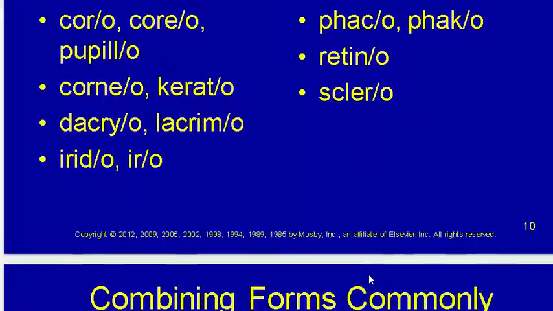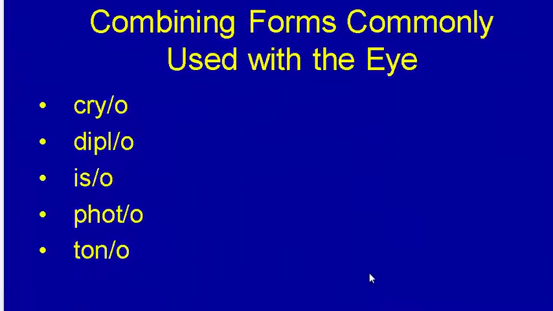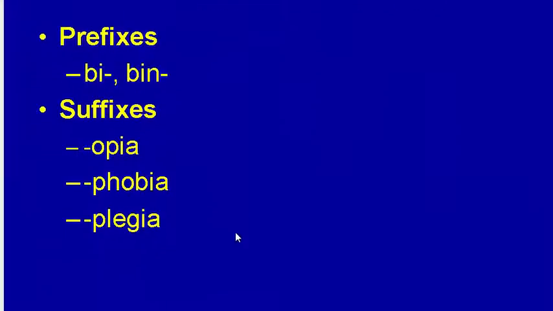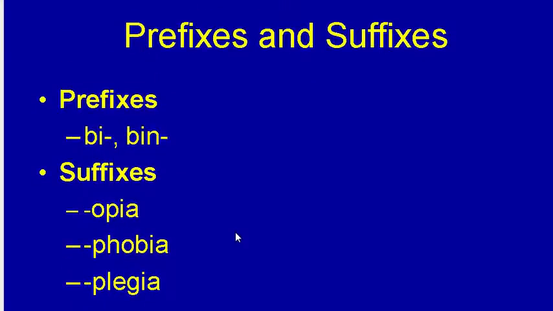Those are all the combining forms of the eye, and the combining forms commonly used: cryo, diplo, iso, photo, and tono. So remember, whenever we have our quiz, you do need to know the combining forms for the quizzes, as well as our prefixes and suffixes, and we just have a few for this chapter.